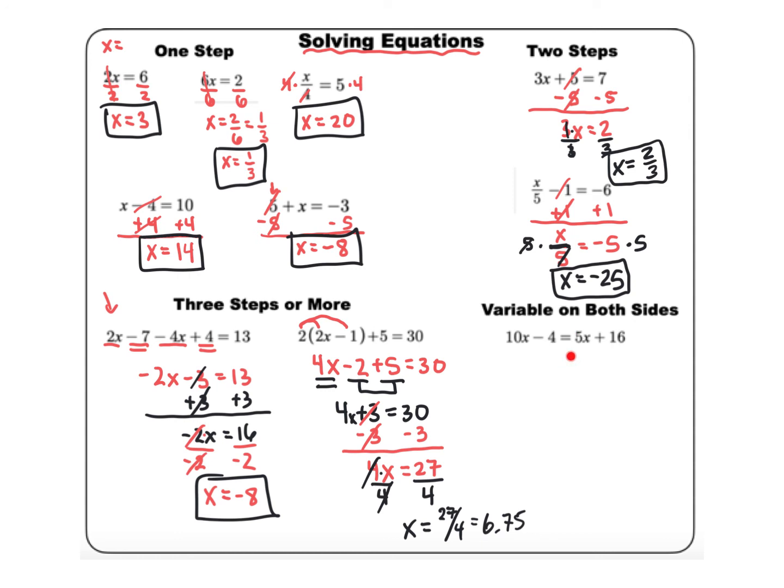So if I subtract 5 x's from each side, like this, that'll wipe those guys out, and then I got 10x minus 5x. That will give me 5x minus 4 equals 16.